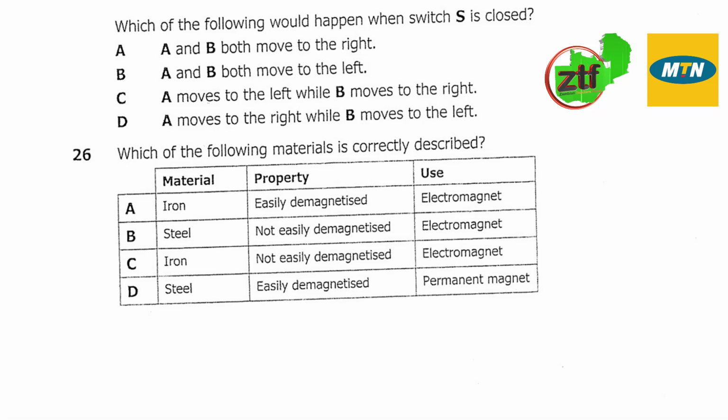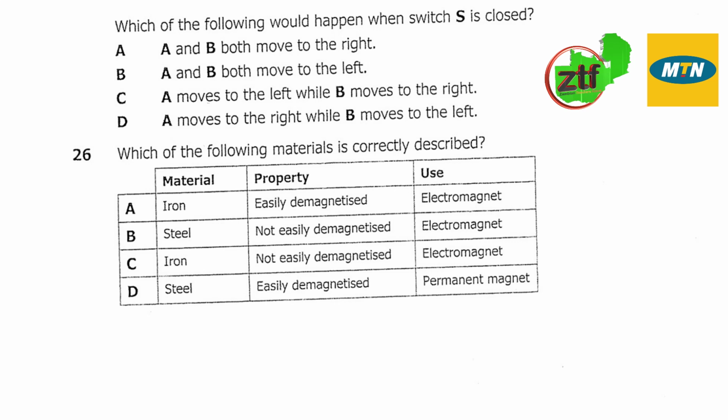Therefore iron is used to make soft magnetic materials, while steel forms permanent magnets. So the first row will tell us the correct answer, which is A. Material iron: property is demagnetized easily and used in the electromagnet. We can move on to 27.